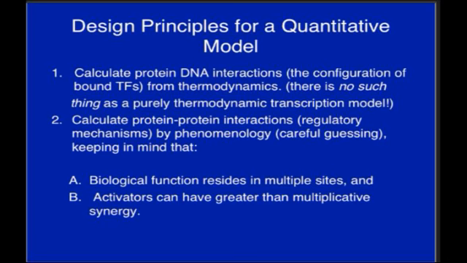So we try to guess them. These are the protein-protein interactions, that is to say the regulatory mechanisms, and we try to figure them out by phenomenology, which is just careful guessing, keeping in mind 2 empirical points. So one is that biological function resides in multiple binding sites. I'm not going to give you a chemical explanation of why that is. It's just an observed fact.